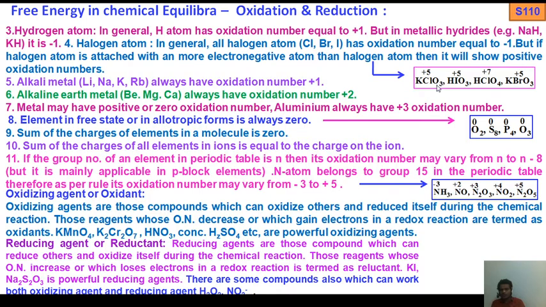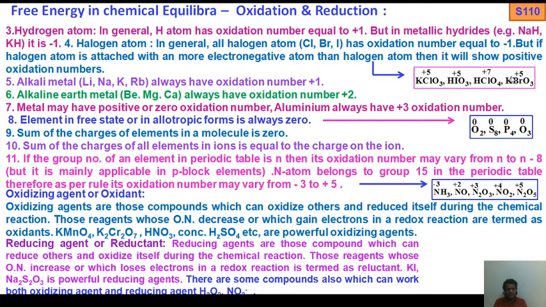You see KClO3, they are more electronegative oxygens, so that's why it is +5. HIO3 +5, HClO4 +7, KBrO3 +5.